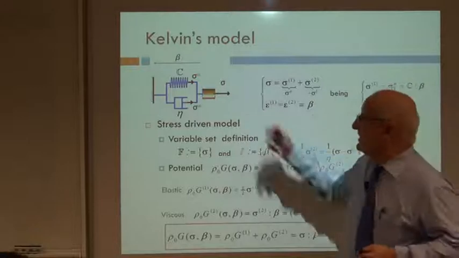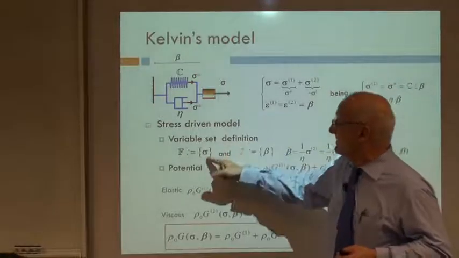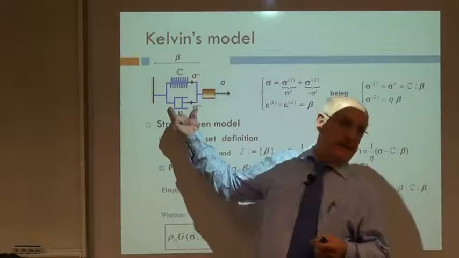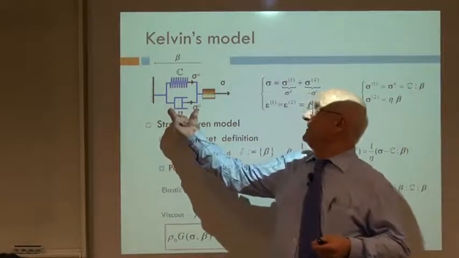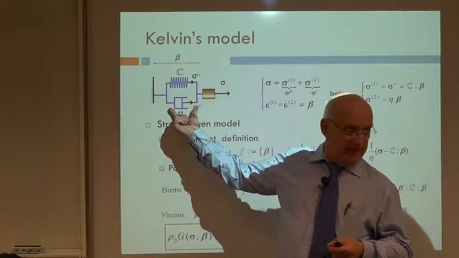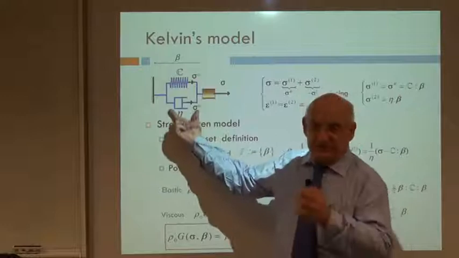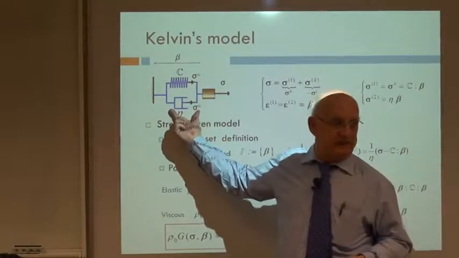For instance, in a stress-driven model, I consider the stress as the free variable. The internal variable is the strain of the dashpot. Okay? Which I don't say is equal to the total strain. I just consider the strain of the dashpot as the internal variable.